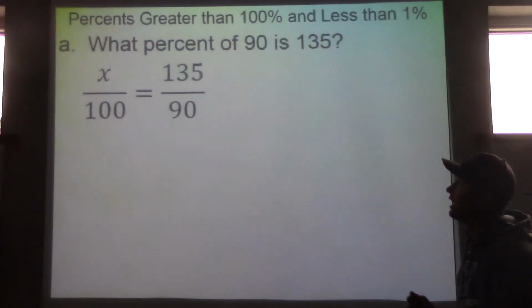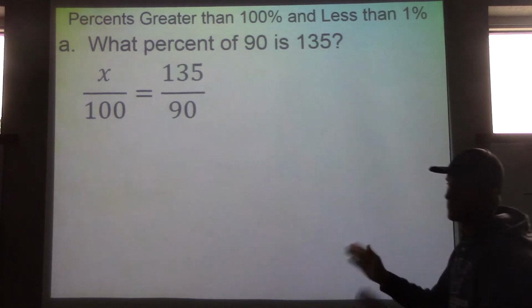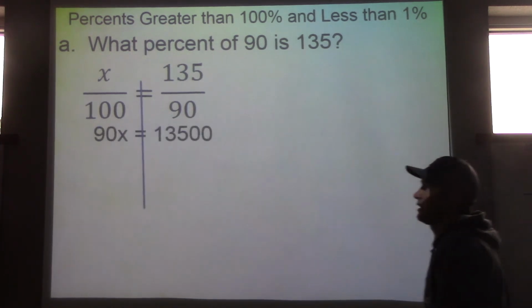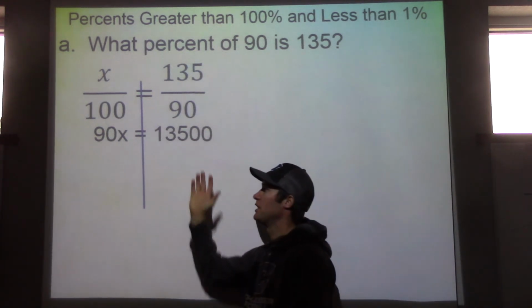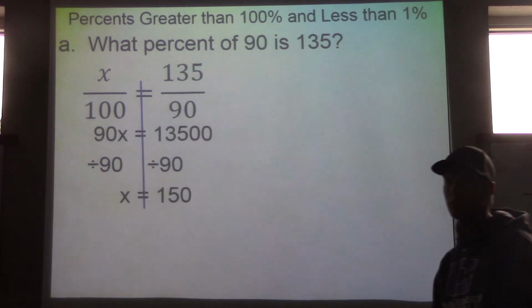All right, so percents that are greater than or less than. Here we go. What percent of 90 is 135? Set it up. Don't know the percent. Of 90 goes in the denominator, is 135. So we cross multiply. This is going to give us a percent greater than 100. Same steps, divide by 90, so our percent is 150%.